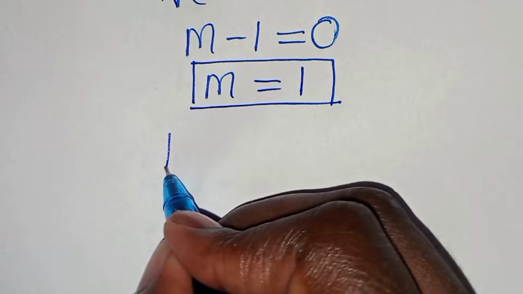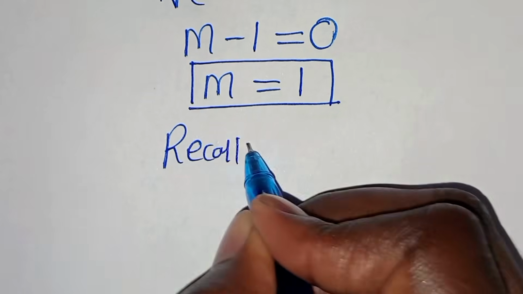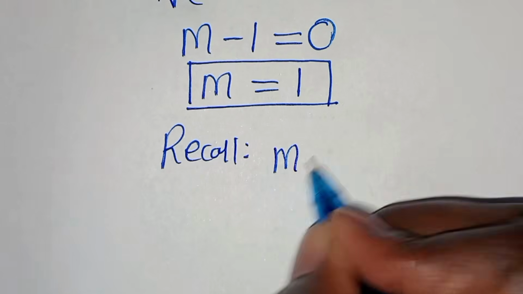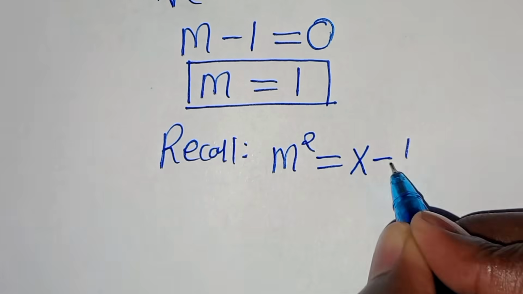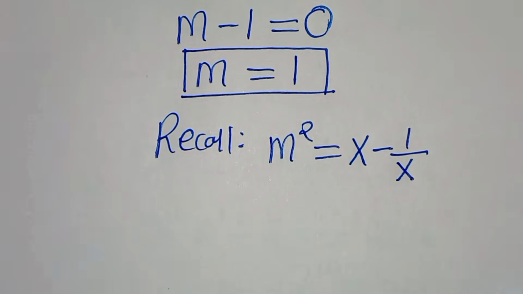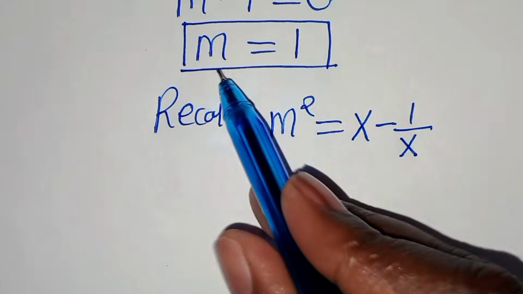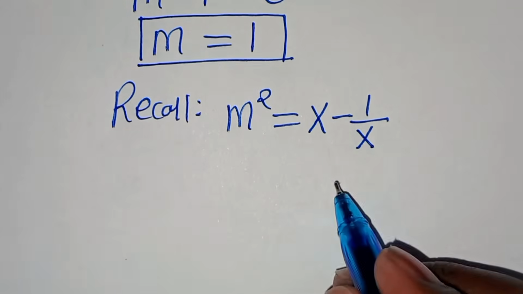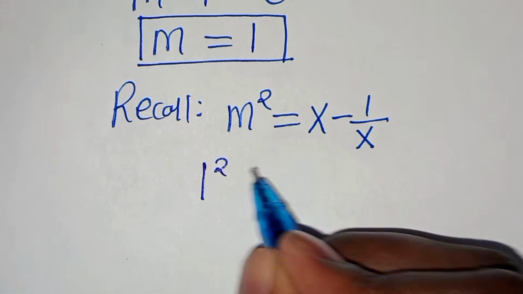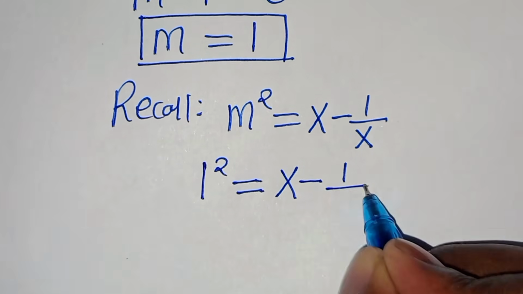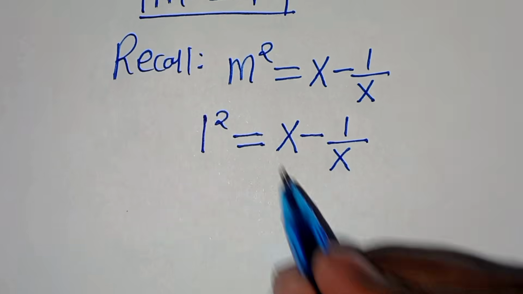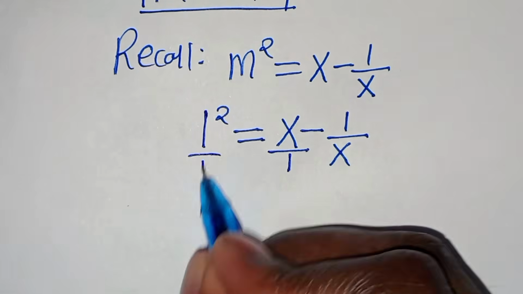Now, if you recall, we have that m squared is equal to (x - 1)/x. Since we have m equal to 1, we can substitute it. So we have 1 squared equal to (x - 1)/x. So this is our whole number, so this is over 1.